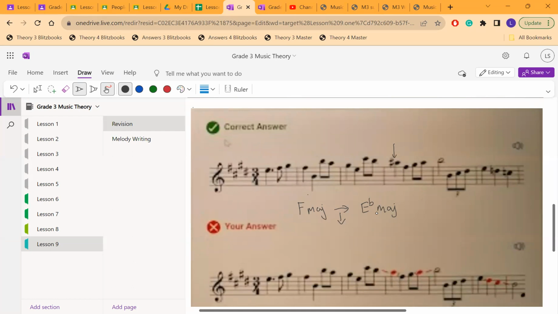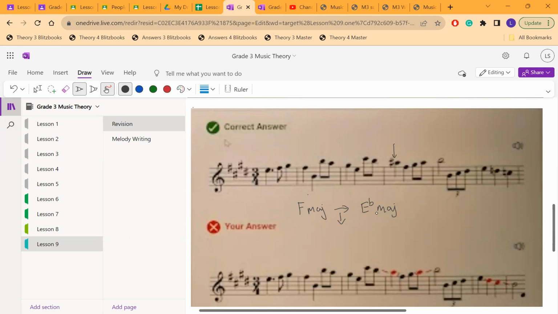So no matter what accidental, for example if I had a melody with a C sharp that was originally a B natural, notice how that C sharp to B is still a tone. So that's one way to track this.